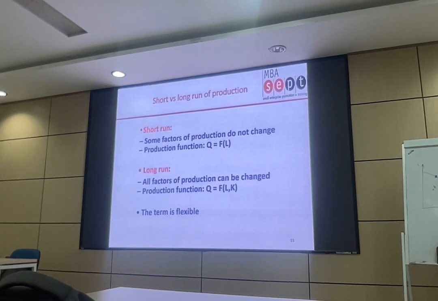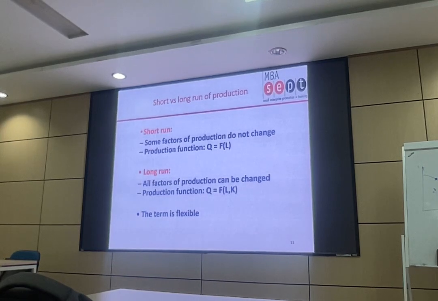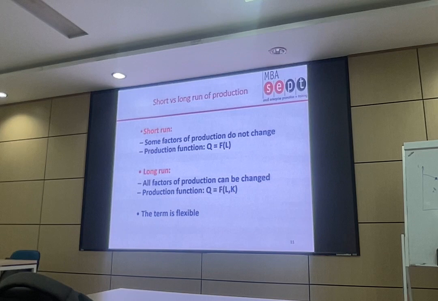The short run and long run. For the short run, some factors of production do not change, so for the production function, we can refer to a type of production with only one flexible input. But for the long run, all factors can be changed.